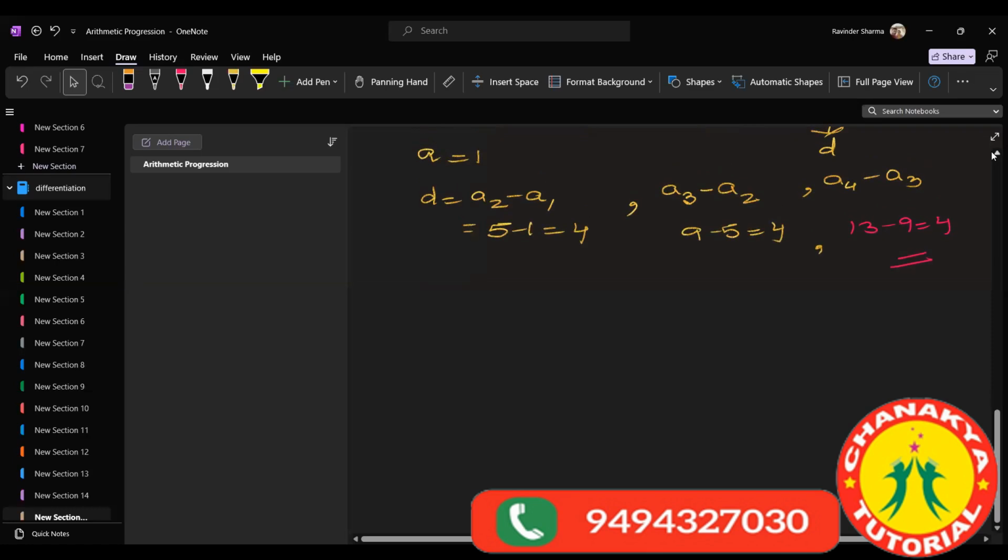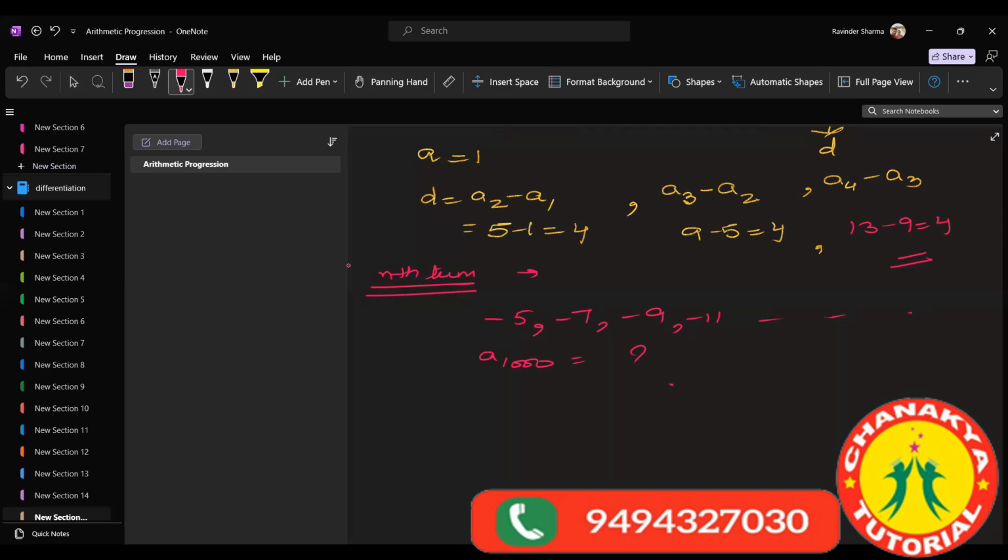Yes, children, have all understood till here? Now, next is the nth term. How can you find it? Suppose you are given a series -5, -7, -9, -11, and I ask you to find the 1000th term. It will be time consuming to write all the terms till 1000.